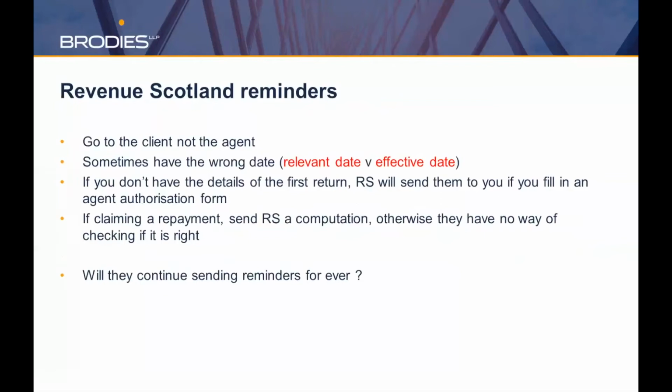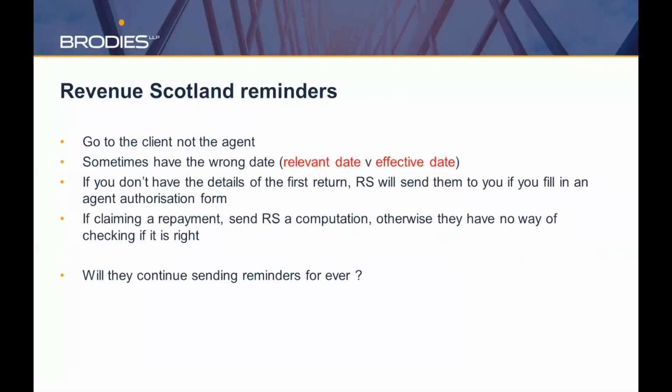A very quick and dirty explanation: a transaction can have a lot of relevant dates, and each time a return is due, a relevant date is triggered. So each return will have a different relevant date, and a lease will have many relevant dates over its life, because each 3-year return and assignation return will trigger one.